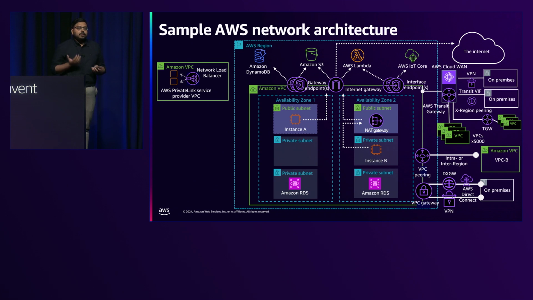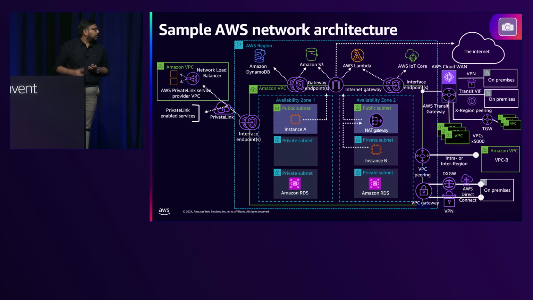And finally, there are scenarios where customers would want to access workloads or applications that are hosted in a third-party network, which is also built on AWS. So in that case, if you want to keep your traffic within the AWS network itself, you can use a service like PrivateLink.